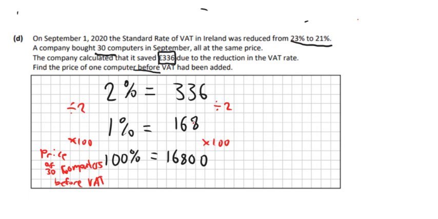Remember the 123% would be the price with VAT. You want the price of one of them before VAT, so we're just going to divide by 30. That's your last step. You do 16800 divided by 30, and you should get 560.